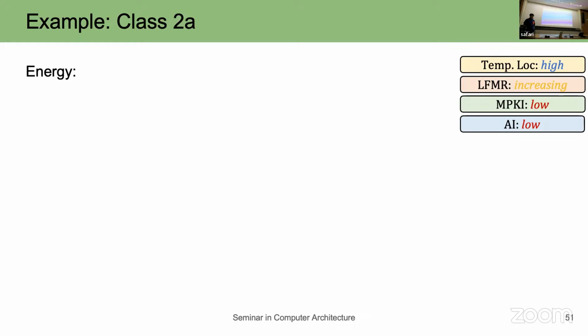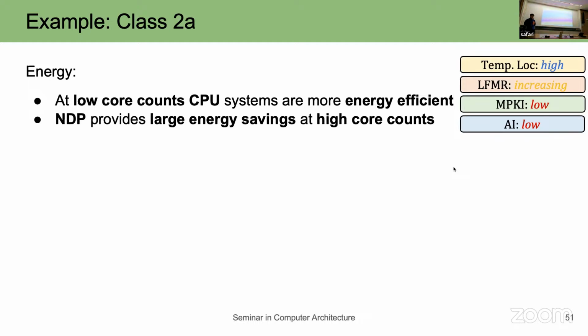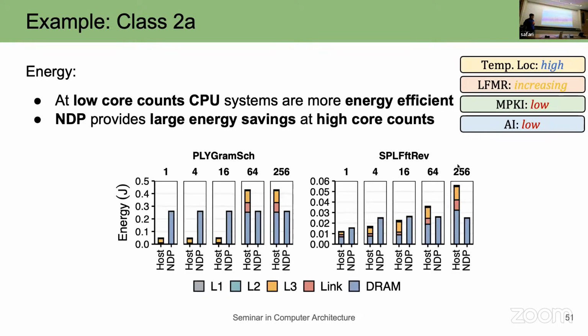As for energy efficiency, at low core counts, CPU systems are more energy efficient. This is due to the effective utilization of on-chip caches, while NDP provides large energy savings at high core counts. Again, we can verify this by looking at a graph.